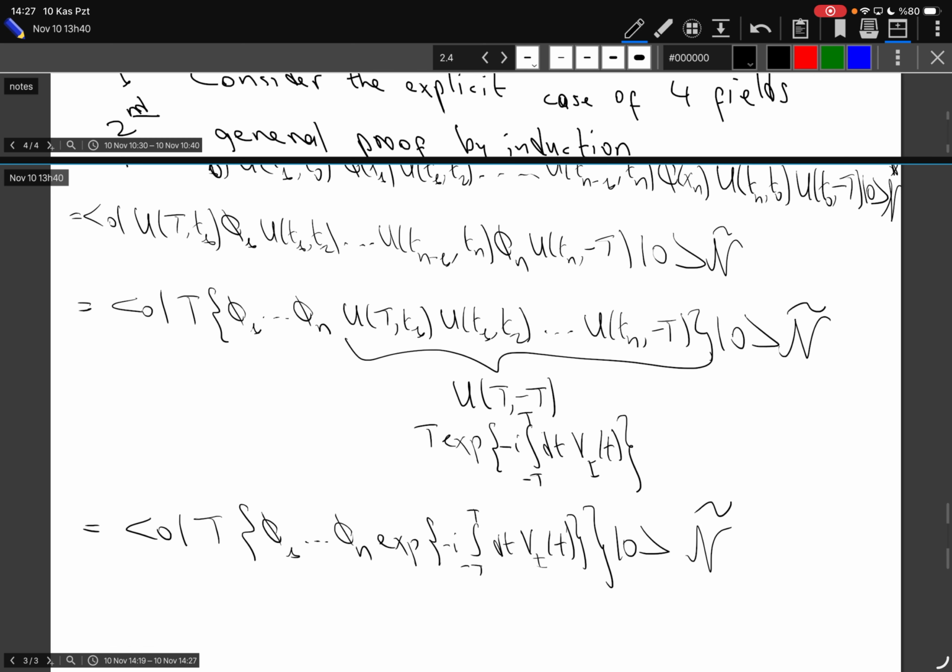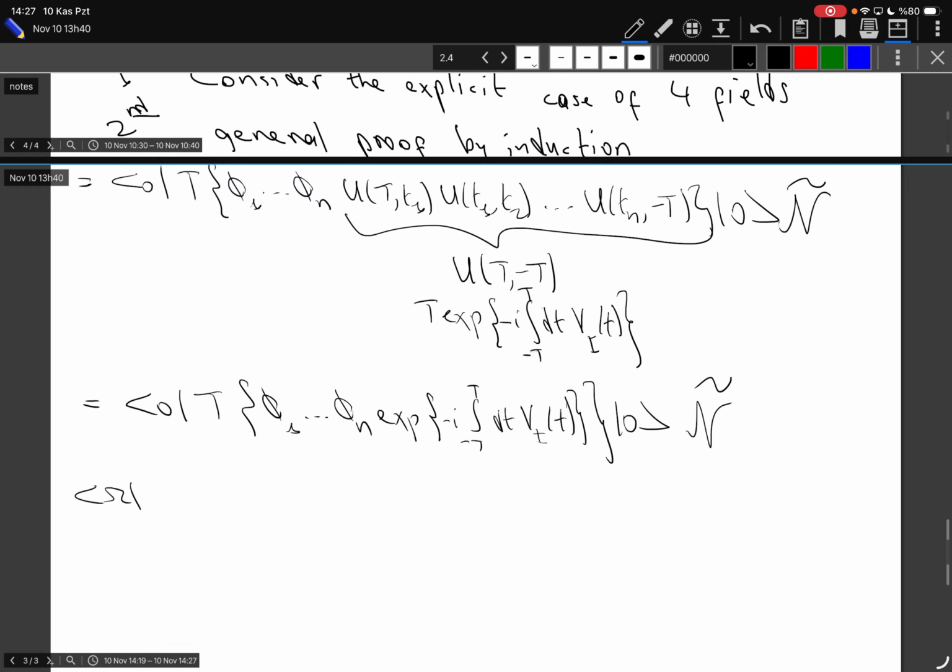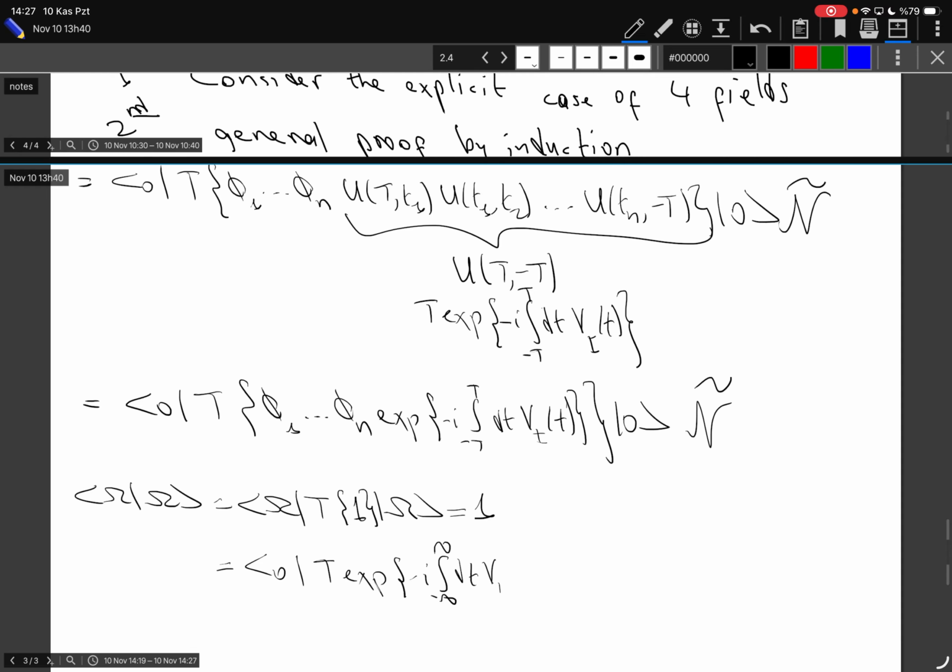now that will be some phase. Well, what is that phase? I don't really care about that phase because I know one thing: I know that this should be 1. But that is just nothing.